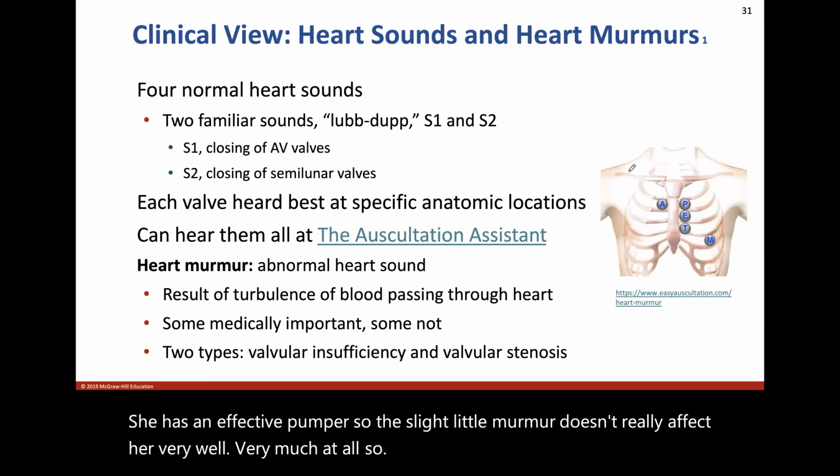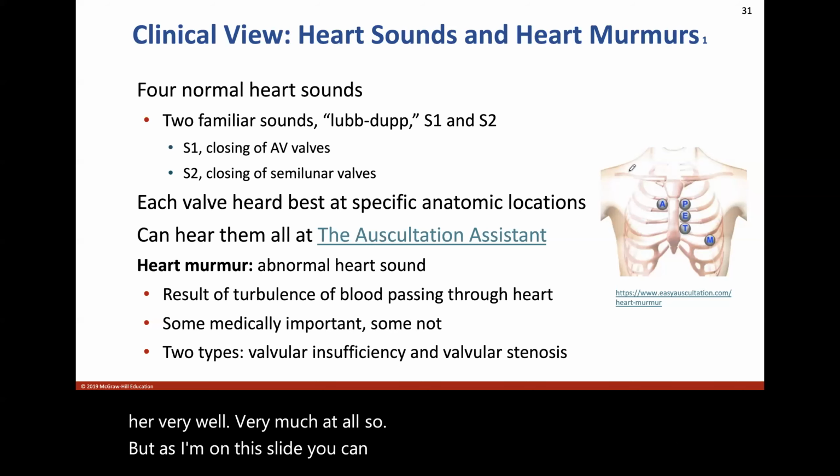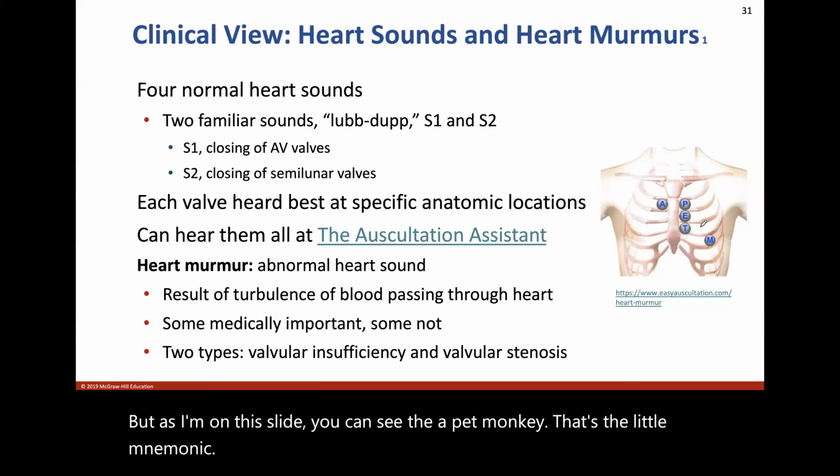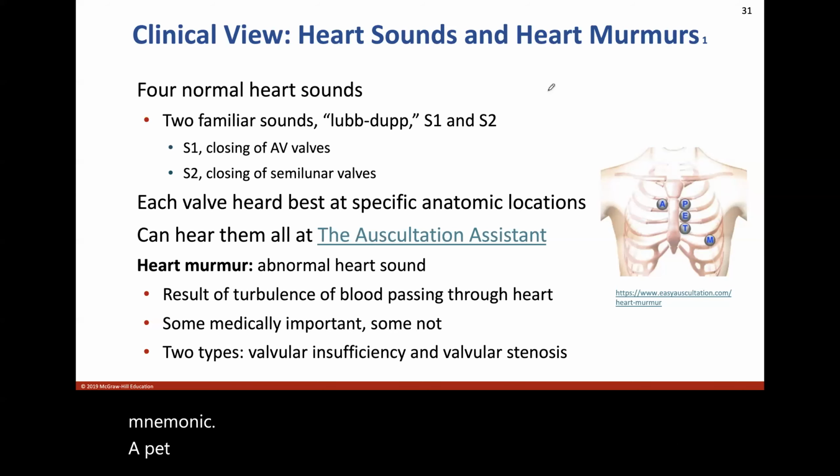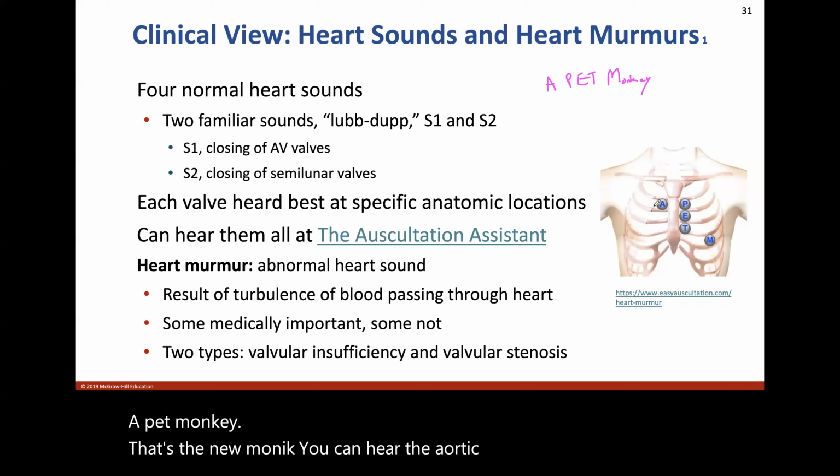But as I'm on this slide, you can see the mnemonic: A Pet Monkey. You can hear the aortic valve right here in the second right intercostal space.